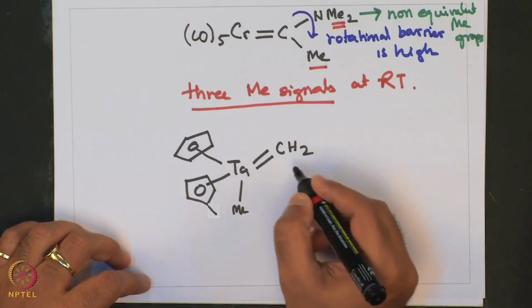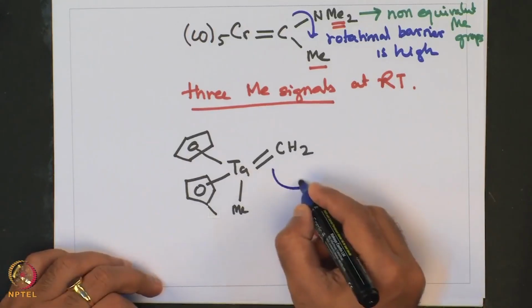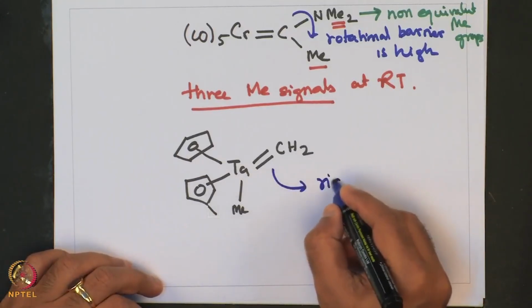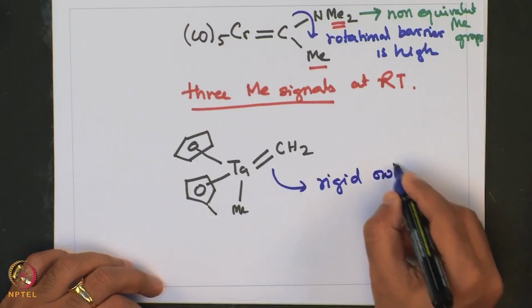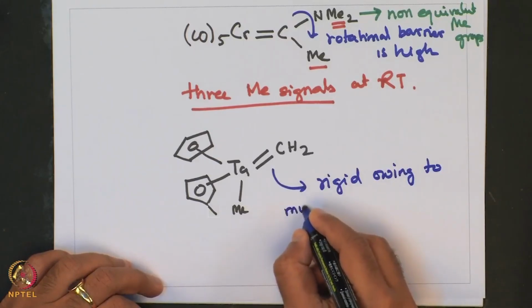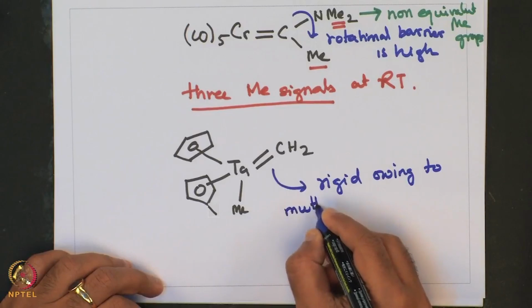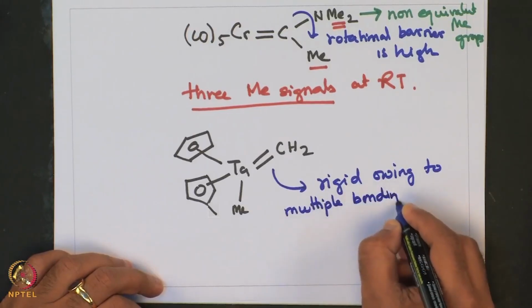Now, this CMCR2 is very rigid. This is rigid owing to multiple bonding nature.